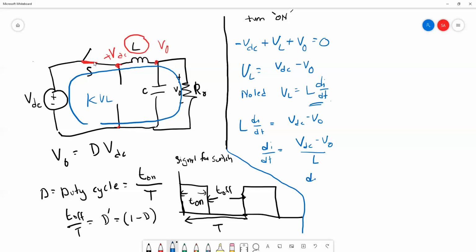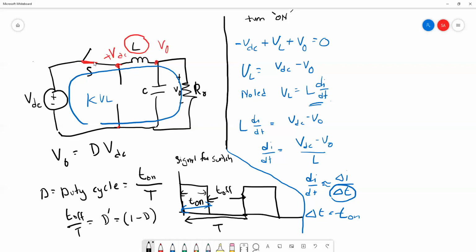We know that di/dt is the change. We can approximate any change of current over the change of time. The change of time here refers to the duration of T on, so we substitute delta T as T on.